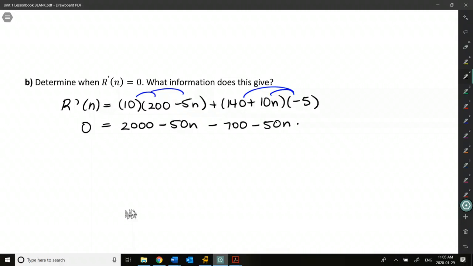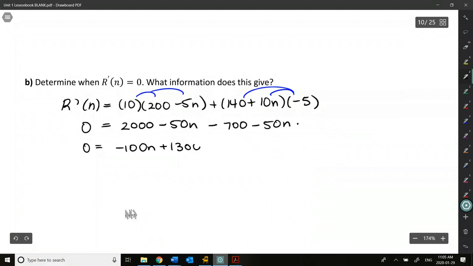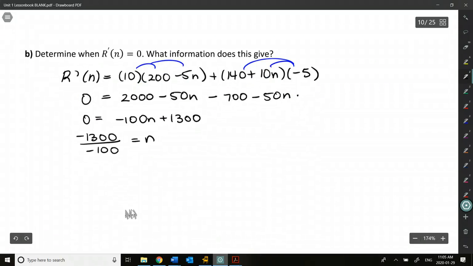And we're just going to isolate for n here. Move the 1,300 over, divide out the 100. And we get n equals 13.